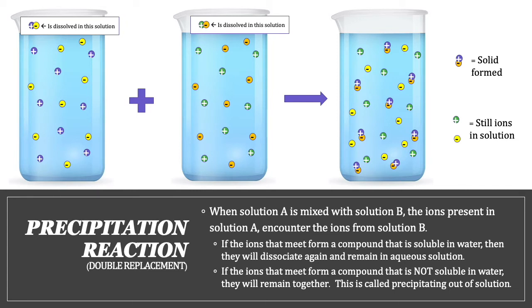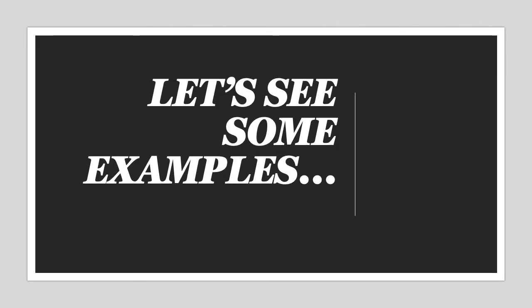So they're just going to be dissolved right back out, and they're going to stay in aqueous solution. So if ions come together and stay together, forming an insoluble solid, that is a precipitate, and if they are dissolved again after they come together, then they're soluble. All right, let's go ahead and take a look at some examples.